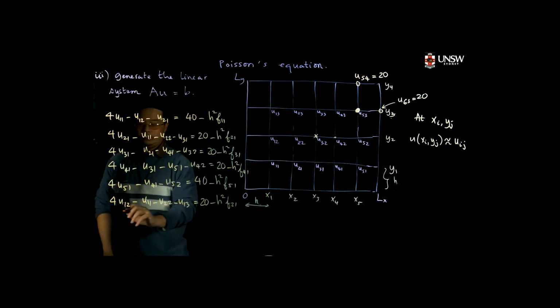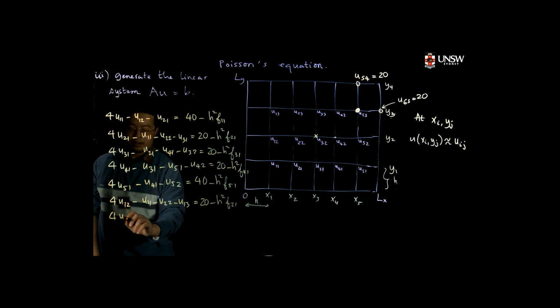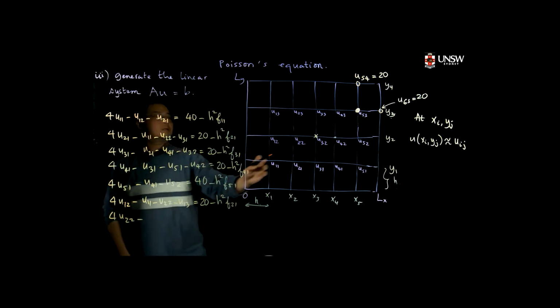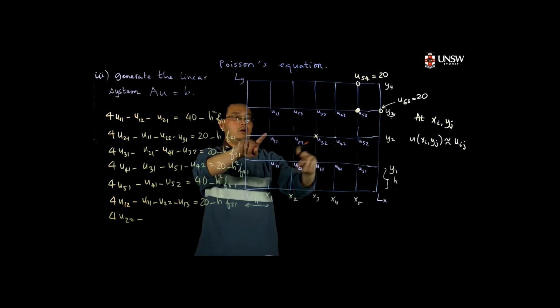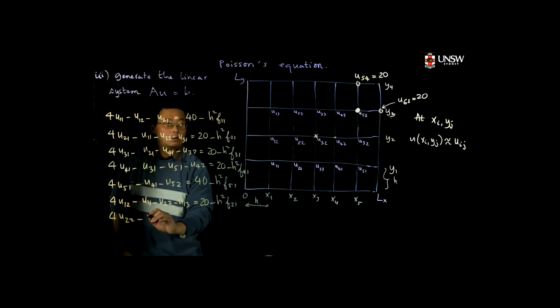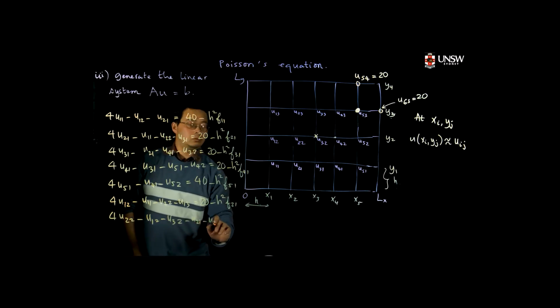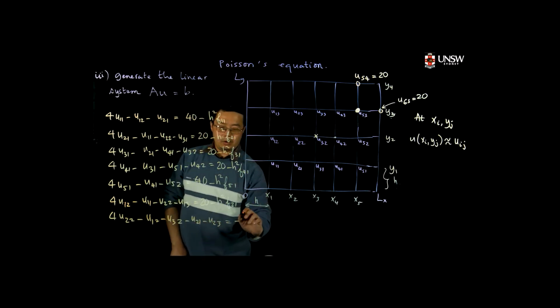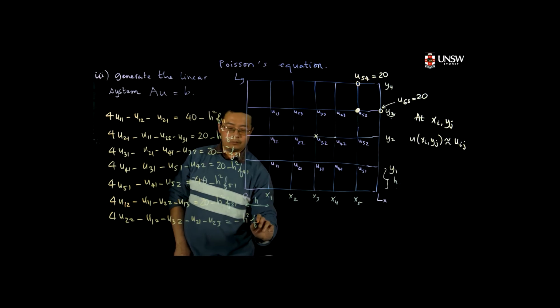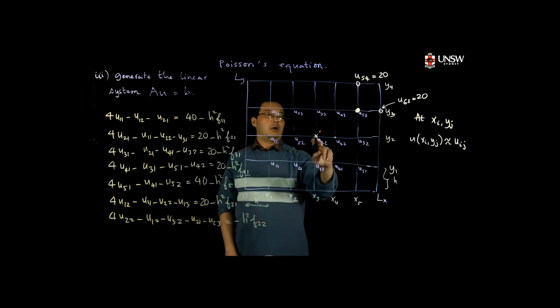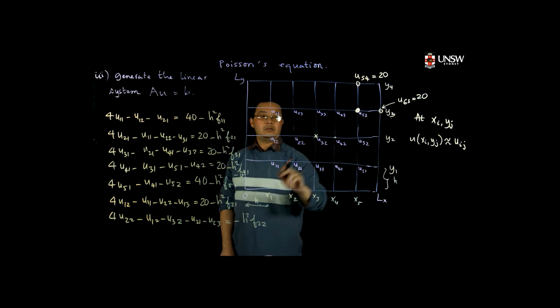And then U22, all of them are unknown, so minus U12, U32, U21, U23, and you have on the right just h square f22.